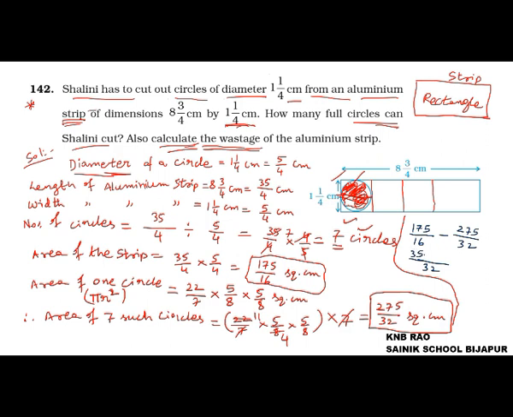So 350 minus 275 is 75 upon 32 square centimeters, which is the area of wastage. So this is the final answer of question number 142.